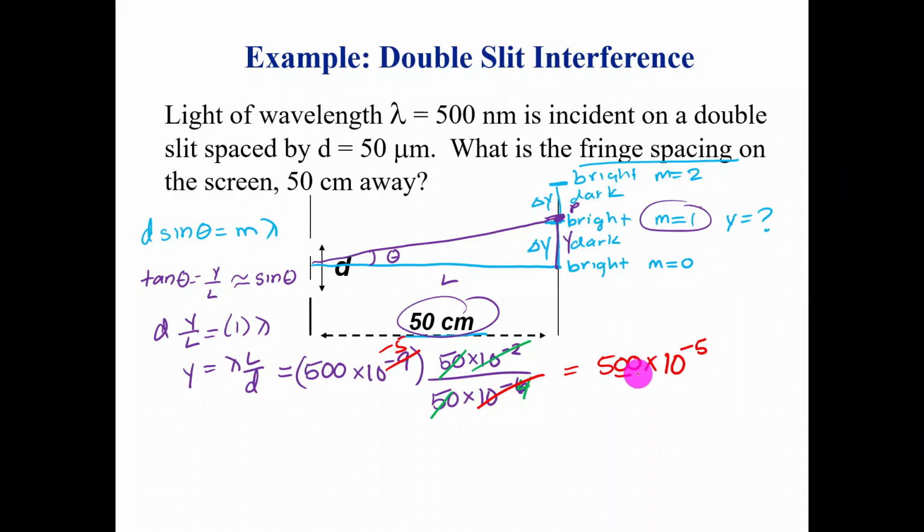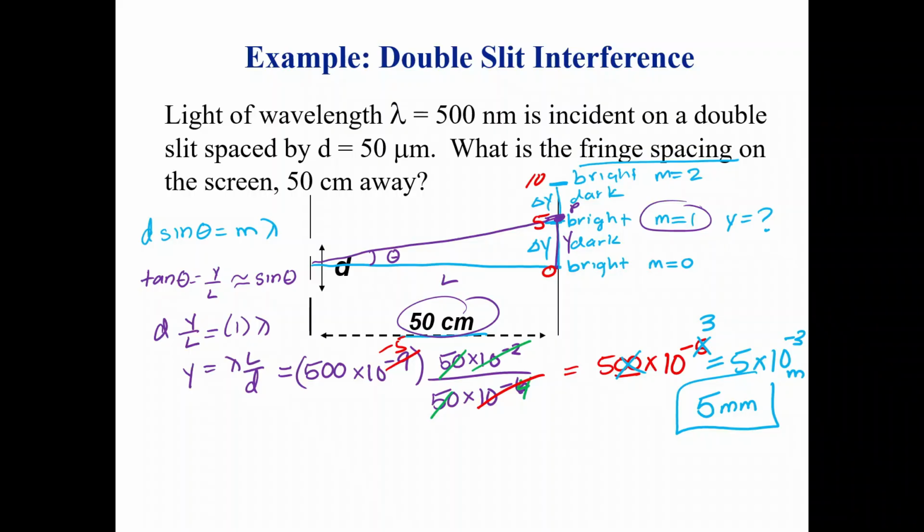But we have 2 more zeros here, which cancels right here. So that's 10 to the negative 3. So we get 5 times 10 to the negative 3 meters, which is the same thing as 5 millimeters. So we're going to get a bright fringe every 5 millimeters. So here at 0, we have one here at 0 millimeters. We'd have 5 millimeters. We'd have 10 millimeters for the bright fringes.